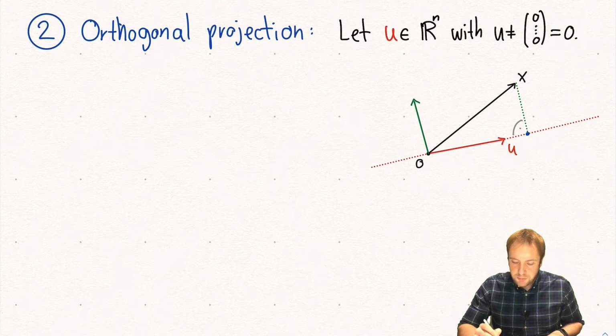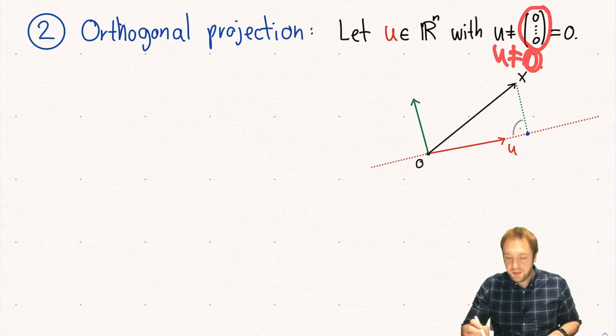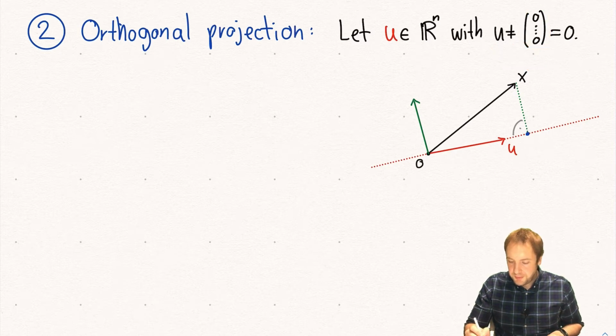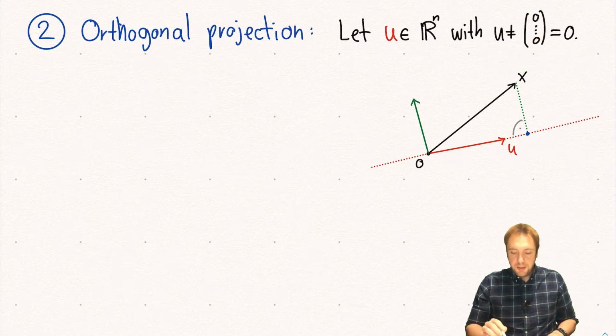If we know that some element is a vector in Rn, and we say u is not 0, then by this 0 we mean the 0 vector. This is a common notation, because often you don't want to write this vector with just zeros, so we just say u is not 0. And this 0 is then the 0 vector.